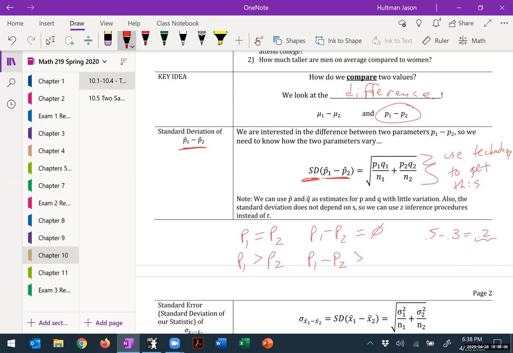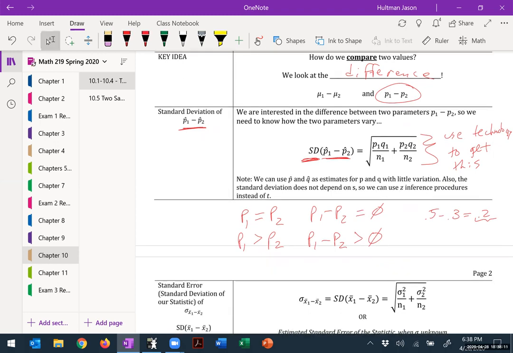So the difference would be greater than 0. The opposite would be if P1 is less than P2. For example, 0.3 minus 0.5 is negative 0.2, a negative answer. So P1 minus P2 is less than 0, which means it is negative.